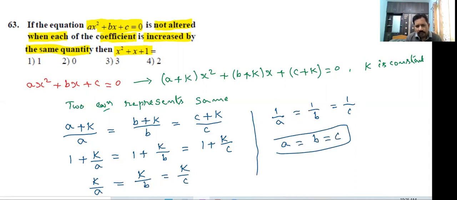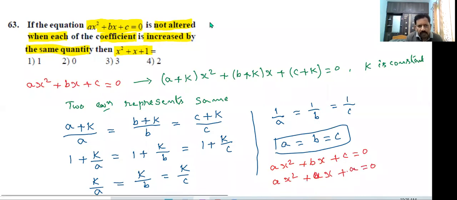These three values are equal. Now what about the quadratic expression? What is the quadratic equation here? x square plus bx plus c is equal to 0. Now in place of b and c, substitute a: x square plus ax plus a is equal to 0.